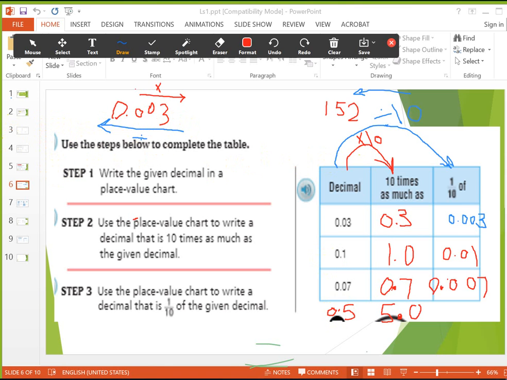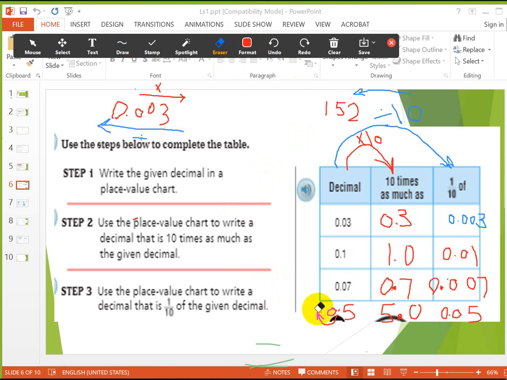Excellent, Larissa, Lana, and Almas. Thank you. So I move it one digit to the left, from here to here. There is no whole number here, so it will be 0. So the number will be 0.05. This is the number that is 1 over 10 of 0.5. Okay?